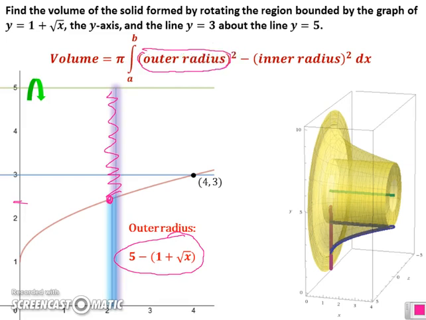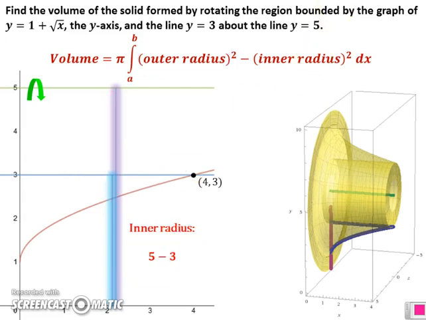Okay, so we do the same thing for the inner radius. The inner radius is going to be the line y equals 3. And if you think about it, the inner radius is 2 forever. It's a constant.